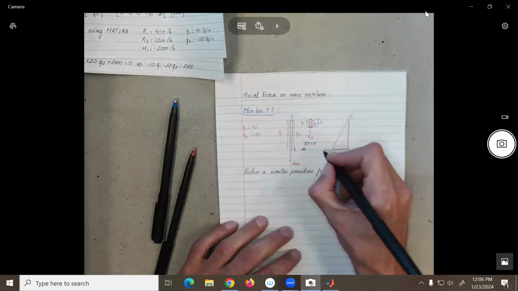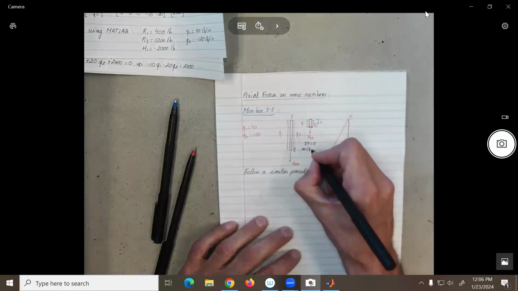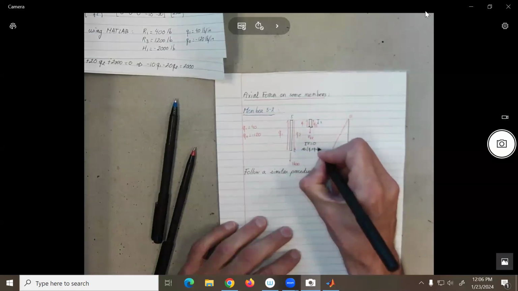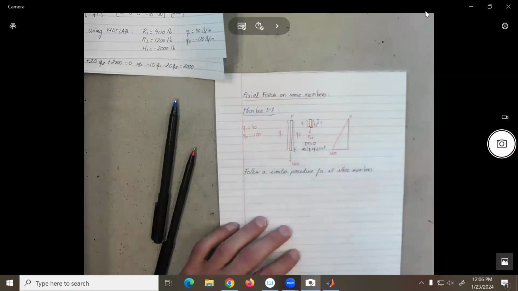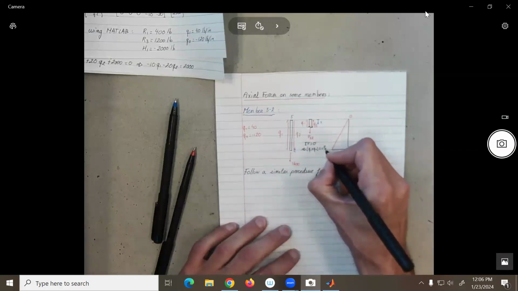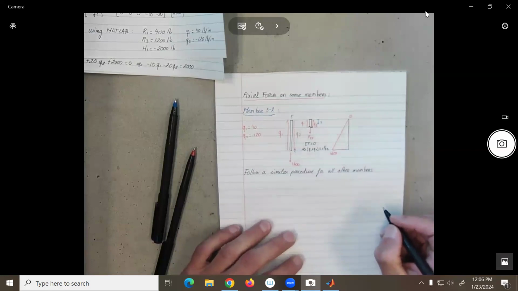You will get Q1 plus Q2 times S will be equal to minus F52, no? Correct?